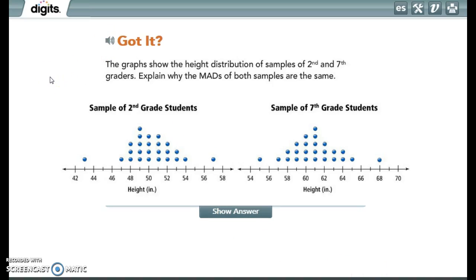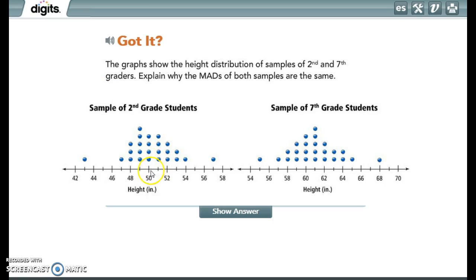So next we have an example that's asking us about example 1 and got it 1 on your paper. This reads, the graphs show the height distribution of samples of 2nd and 7th graders. Explain why the mean absolute deviations of both samples are the same. Now thinking about this, remember that mean absolute deviation shows you about how far away on average all the data points are from the mean.